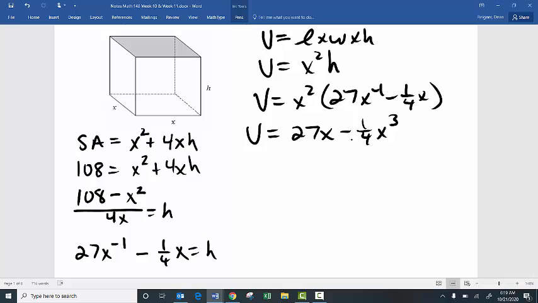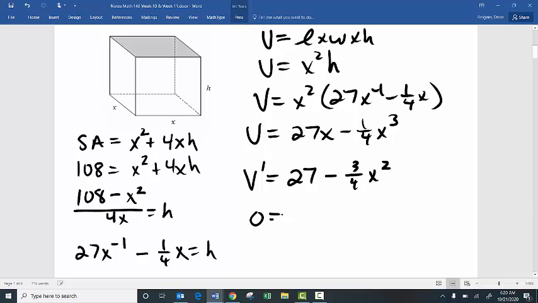So now you take the derivative. The derivative of v, we'll call v prime, is something you want to maximize. Usually you have x's in there or just one letter. So you take the derivative just like you normally would. The derivative of 27x is 27. And then the derivative of this is 3/4 x squared.